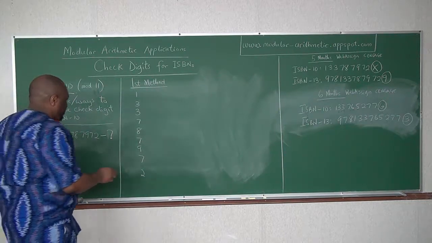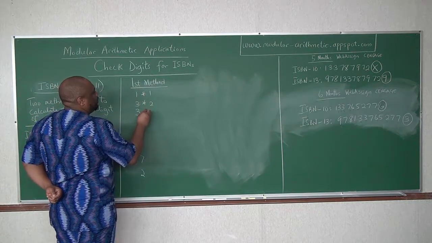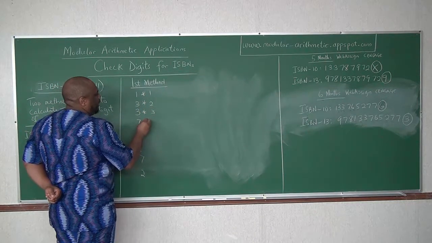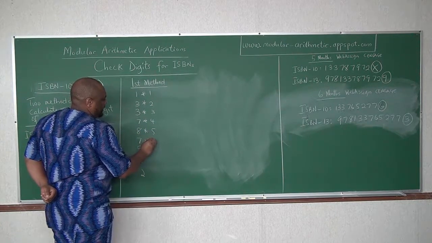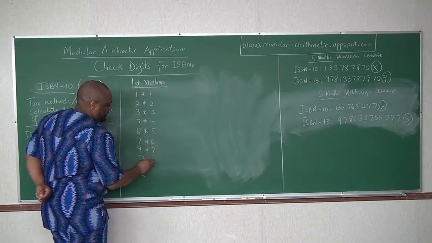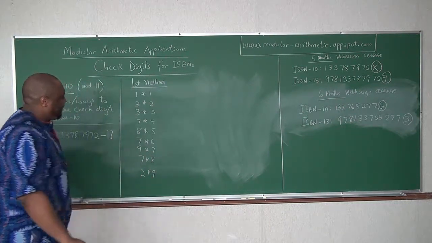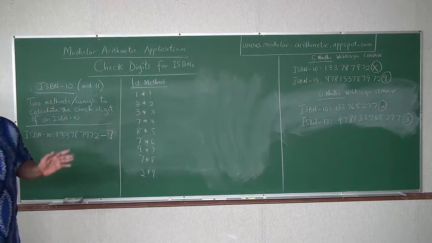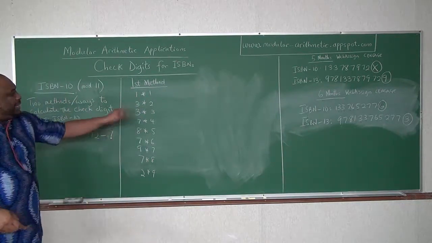So you just write it out like you see how I wrote it out. Then I'll just come and say times 1, times 2, times 3, times 4, times 5, times 6, times 7, times 8, times 9. You see what I did? I wrote this out first, then I begin to multiply.